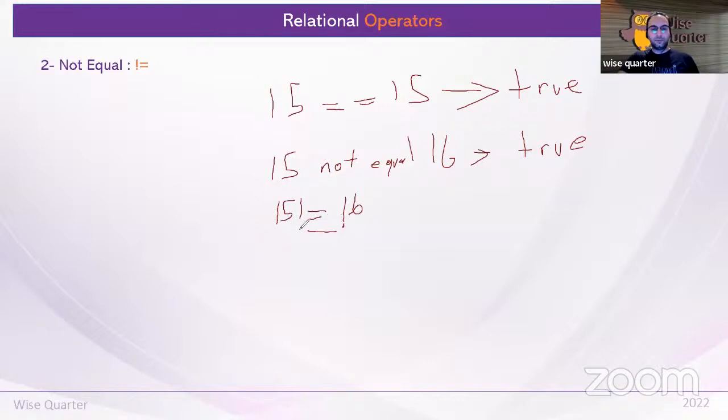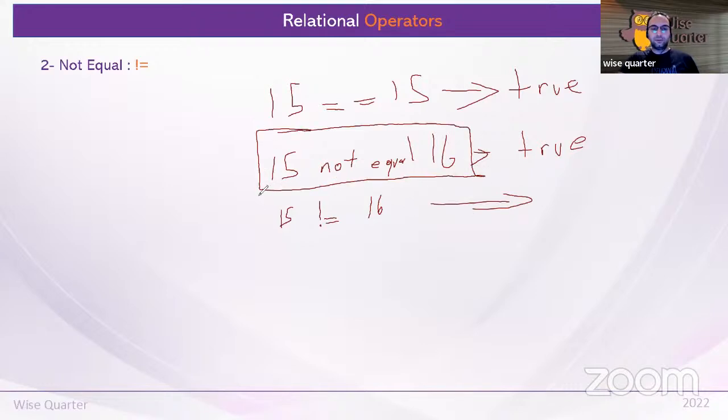Oh, this is the exclamation mark, sorry. Now let me write it better. 15 not equal to 16. It is also true, right? It is the same thing as the previous line. It is not equal to 16, so it will become true.